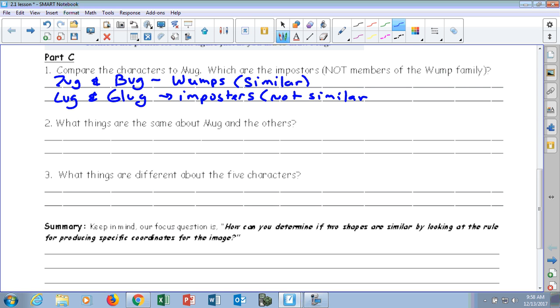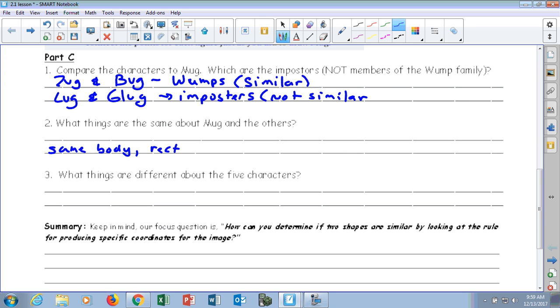All right. So what things are about the same as Mug and the others? They had about the same body. Didn't they have the same mouth too?